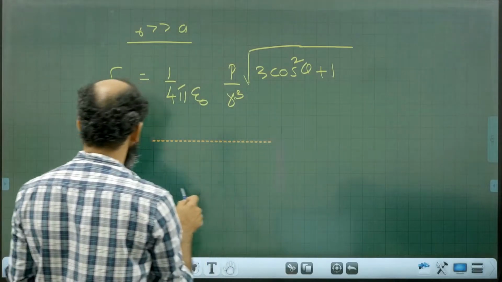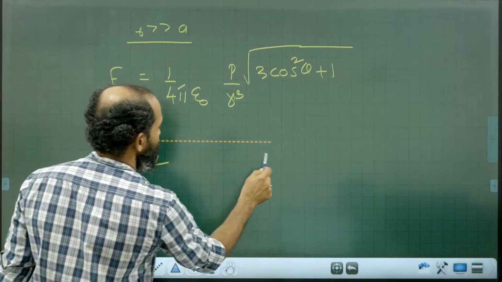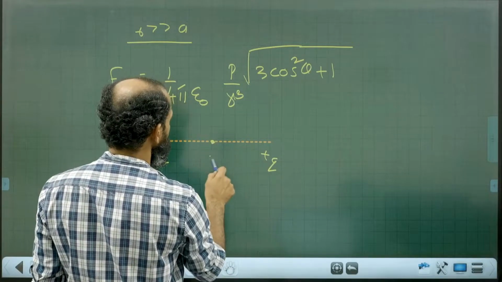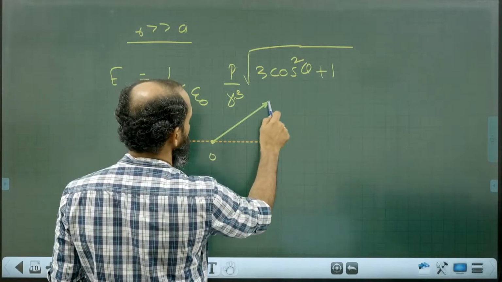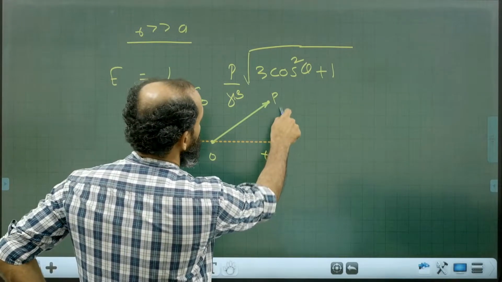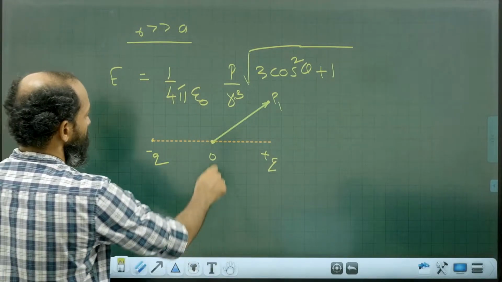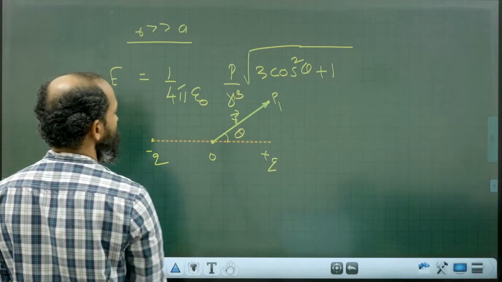Let this be the distance between the two charges, minus q and plus q. O be the center. Draw a position vector from center onto some other point P1. Let this be the angle theta and R be the position vector.